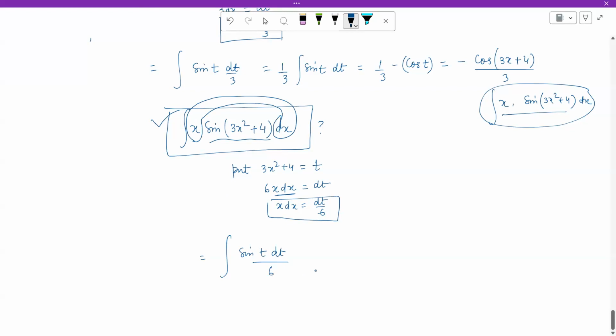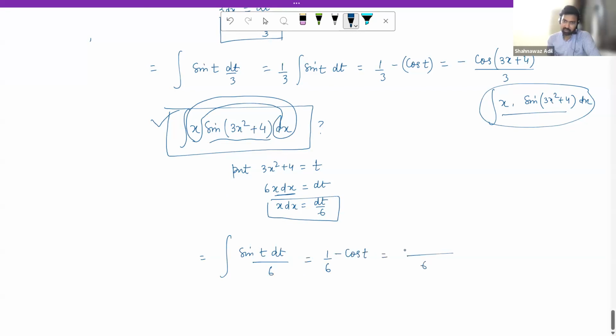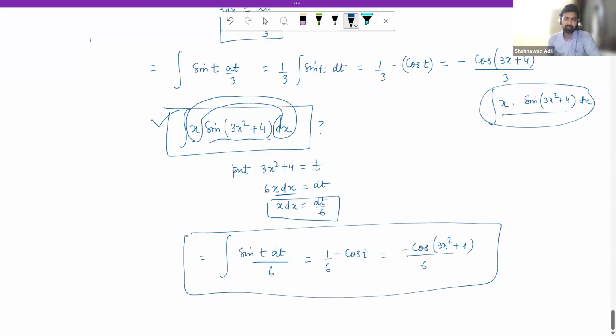So you see how much simpler this integration becomes. This is simply 1 by 6 times minus cos t. So this is 1 by 6 and minus cos of 3x squared plus 4, so this is the integration, right?